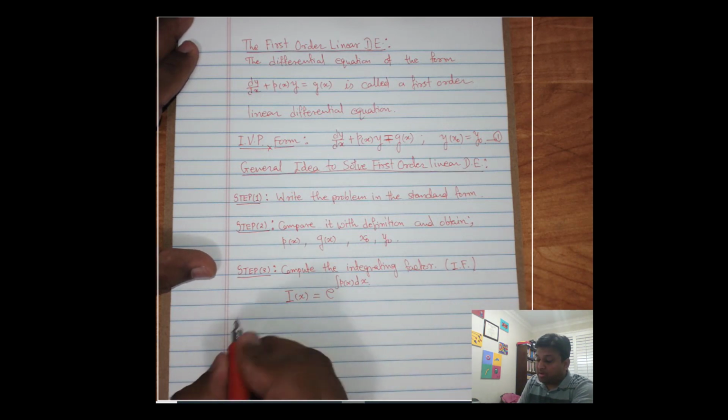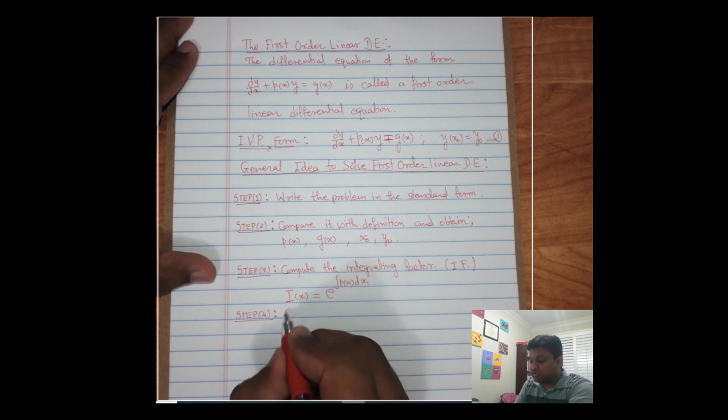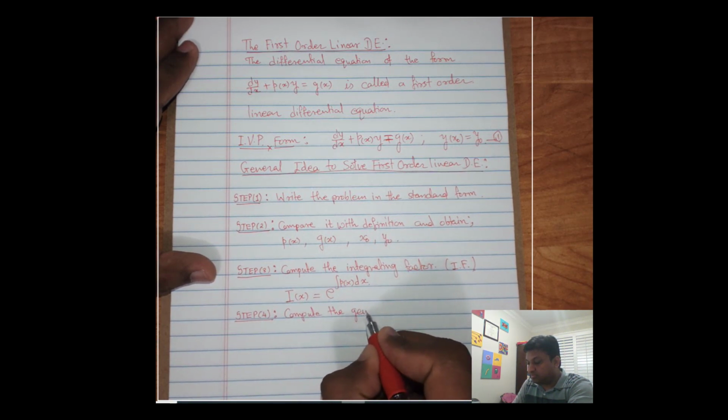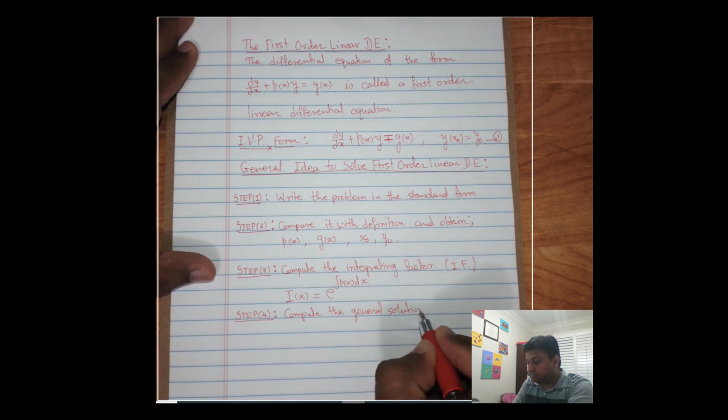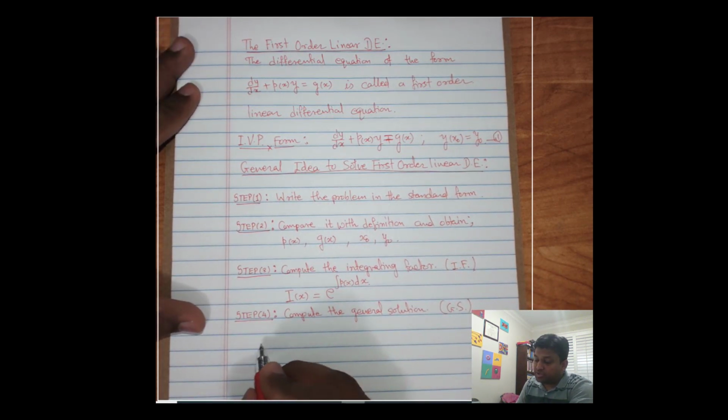Alright, once you have the integrating factor, we can calculate the general solution. So compute the general solution, or G.S. This is how the general solution looks.